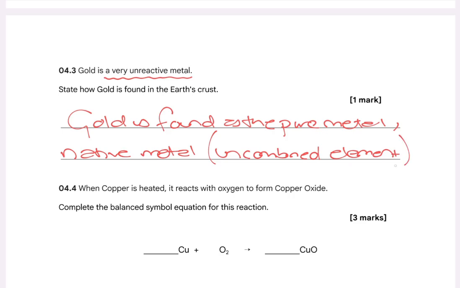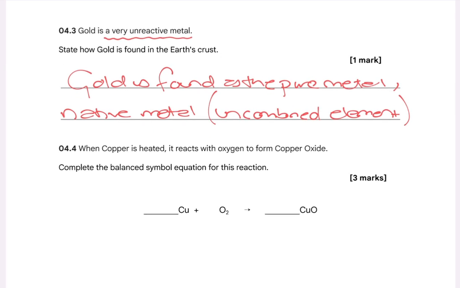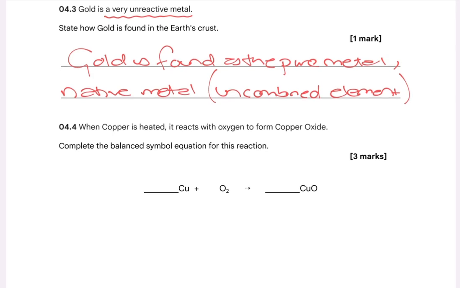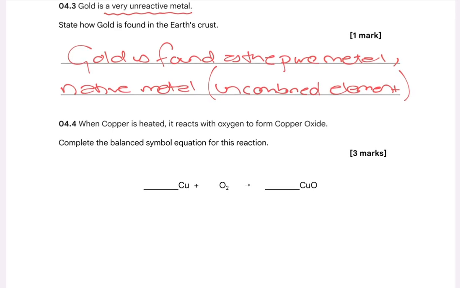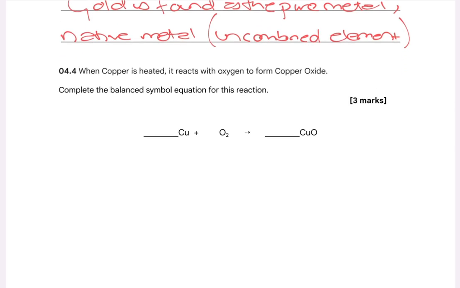Typically oxygen, occasionally sulfur, obviously in ores, but for gold it's just found as the metal. That process of oxidation and having to subsequently reduce it from its ore is not required. Gold, silver, platinum, for example, are all found in the Earth's crust as you would want to find them because they're very unreactive.